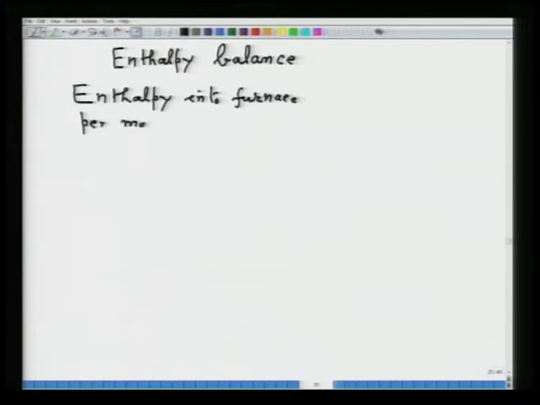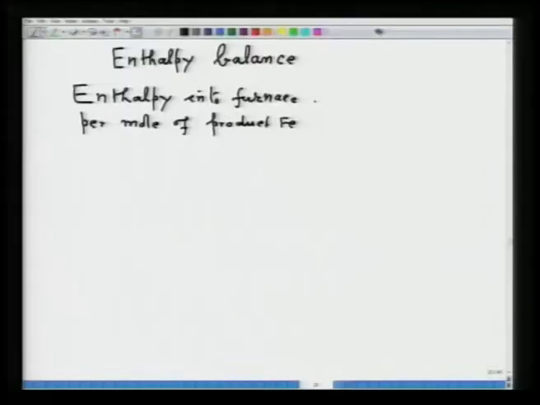Remember, I am using per mole of product iron. It is not pig iron, it is product iron. So, later on when we add any element to iron, then we have to see that we have developed it for 1000 kg product iron. That will be equal to enthalpy out, again per mole of product iron.